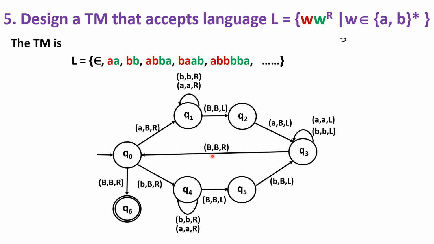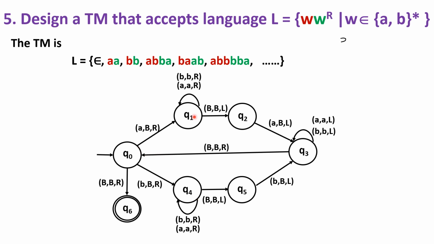Once you come across a blank, this completes one cycle of replacing the leftmost B and rightmost B as blank, and go to the initial state. And this will be repeated until we have any A's and B's in the string.